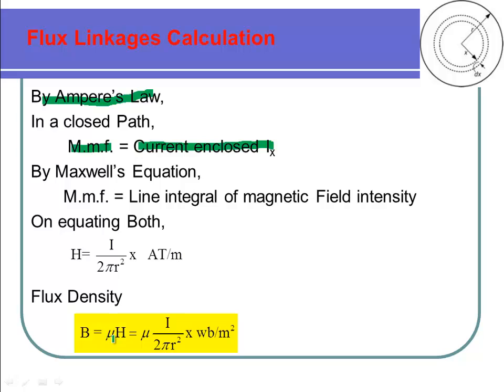So flux density equals mu into H, that is mu Ix by 2 pi r square, Weber per meter square.